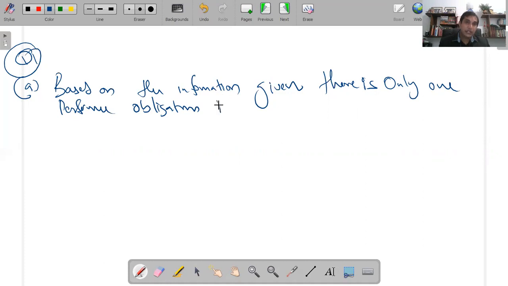In this contract, that is, construct the manufacturing plant.